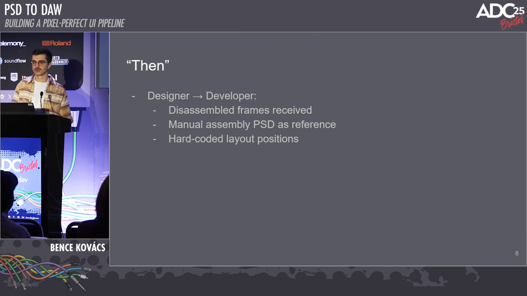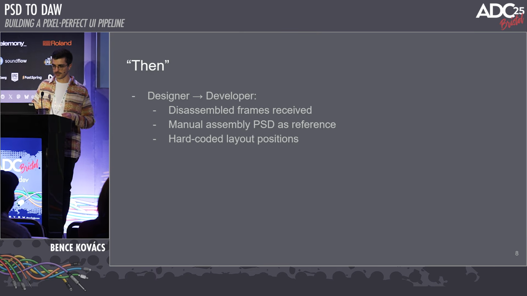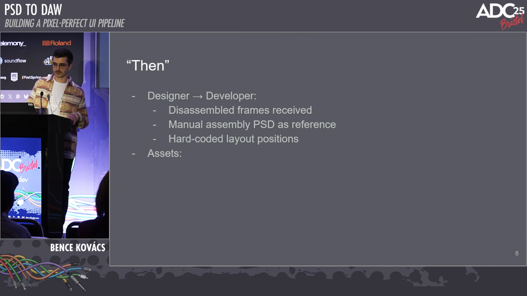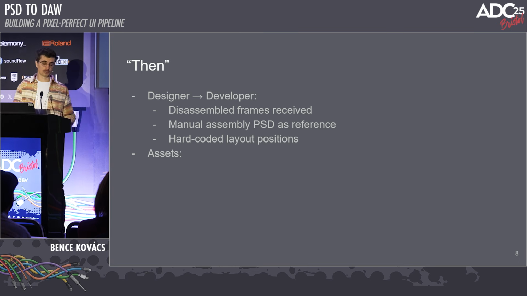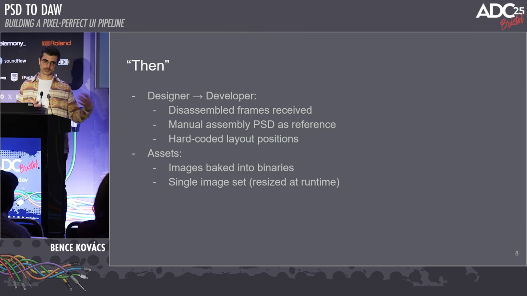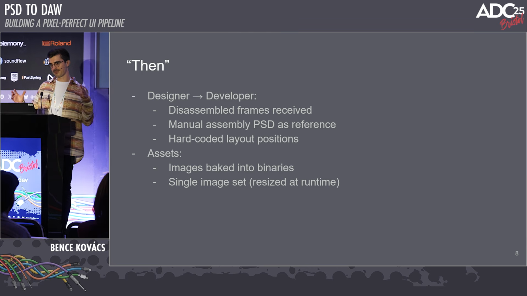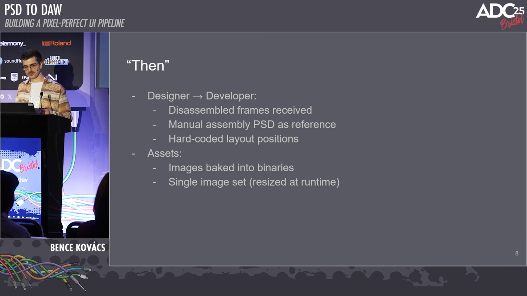And then we would hard code the positions in our applications for that. In terms of using the graphical assets, we bake them into our plugin. So we use a single image set in order to shrink the final binary size as much as possible.